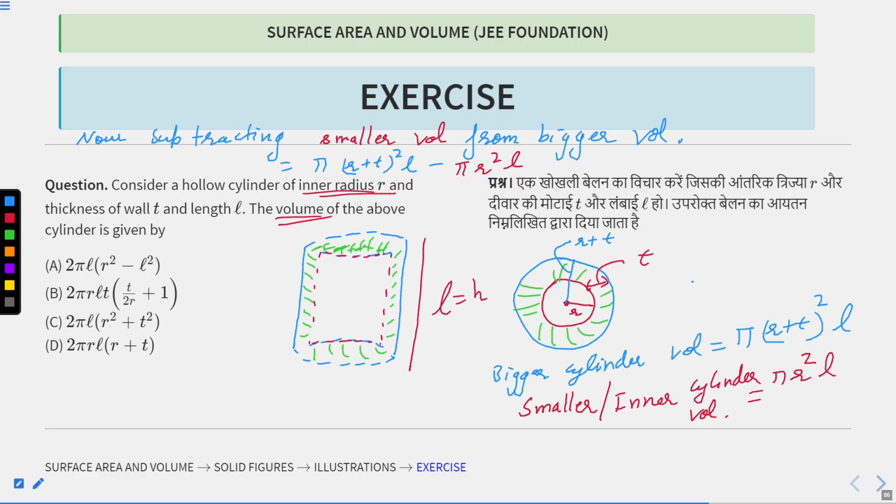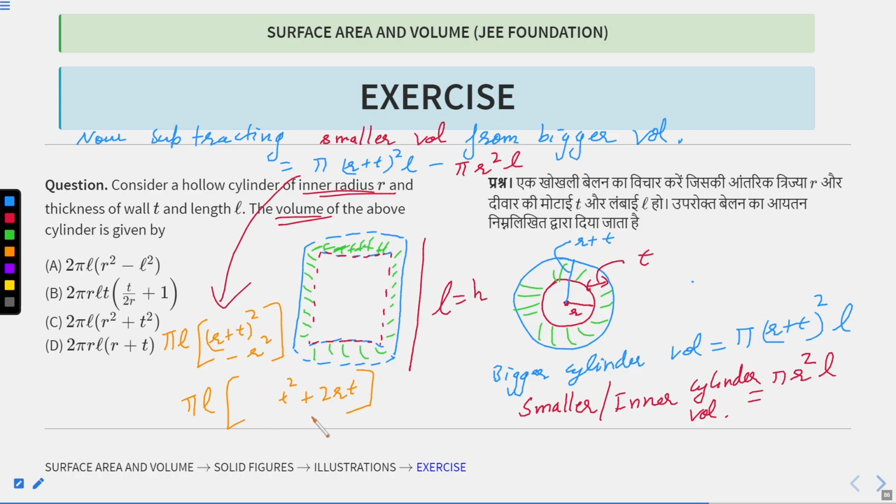Now taking things common, we have pi L common, so we are left with pi L times ((r plus t) whole square minus r square), that means pi L times (r square plus t square plus 2rt minus r square). The r square terms get cancelled, so we are left with just this.